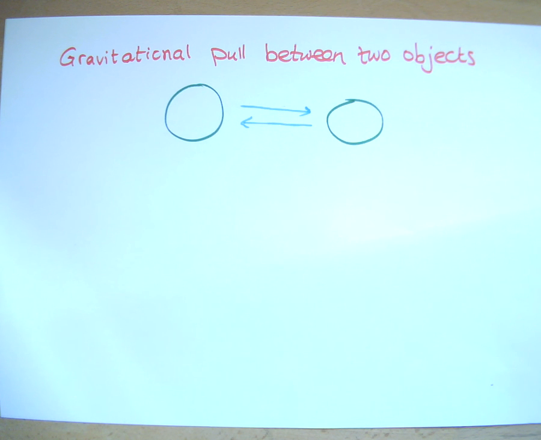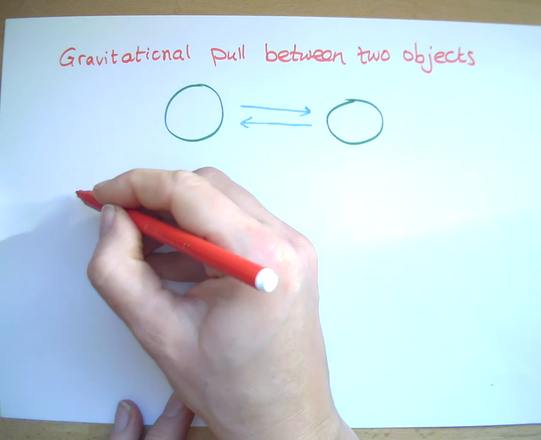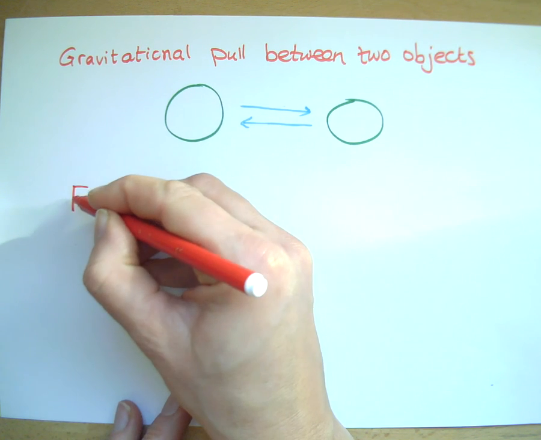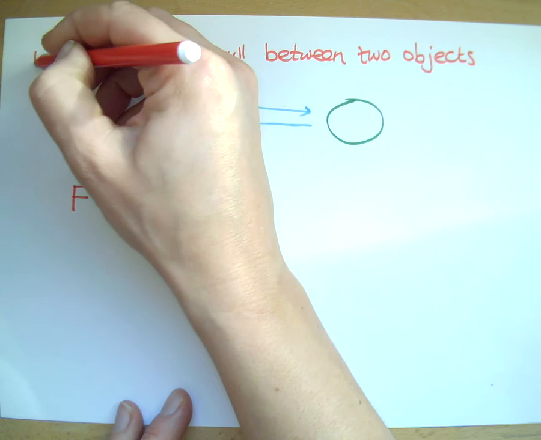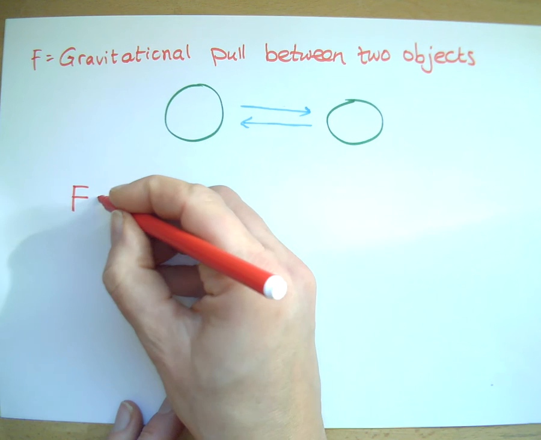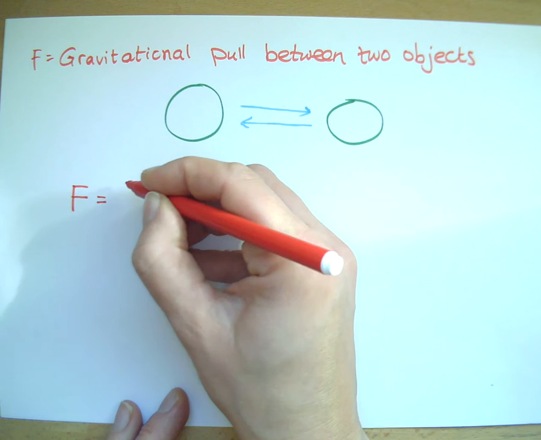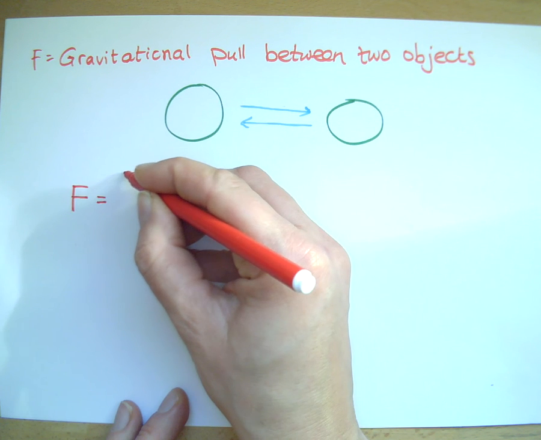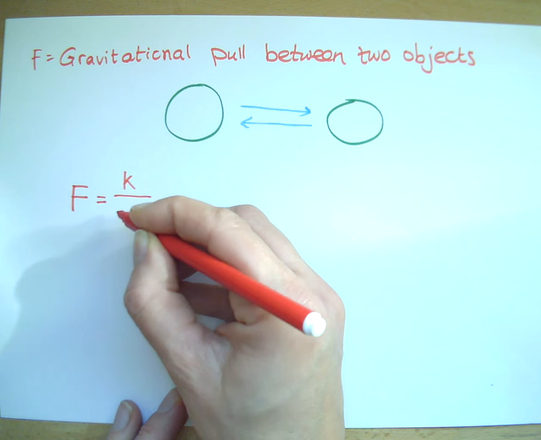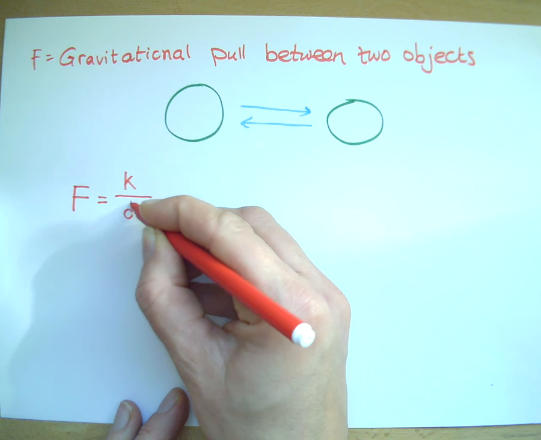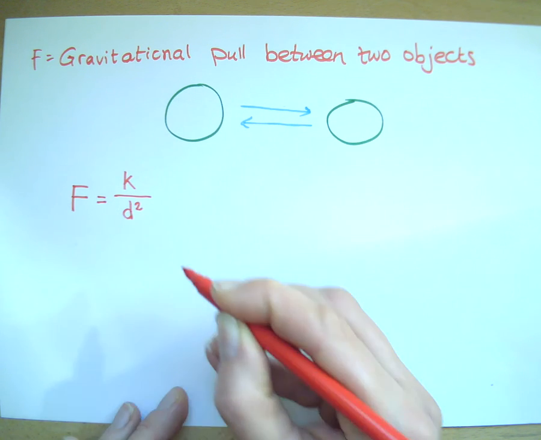You had no idea. The cool thing is, there's a formula in physics describing this gravitational pull. F is the gravitational pull. It is equal to some constant divided by the distance between the objects squared.